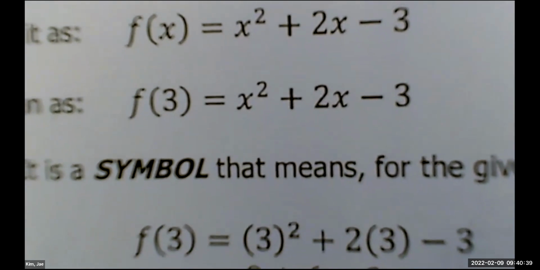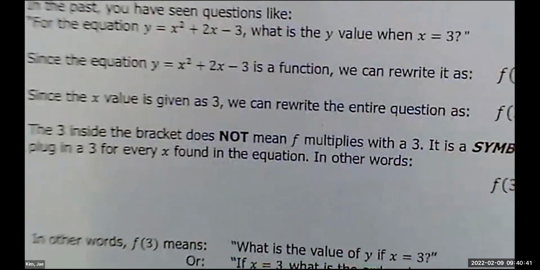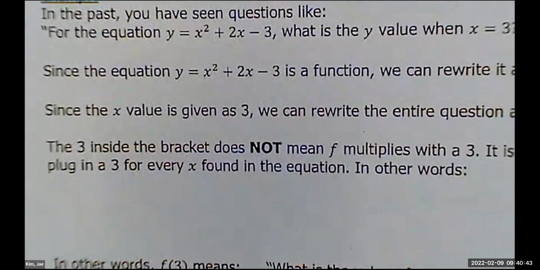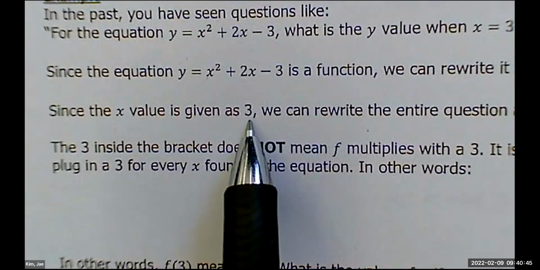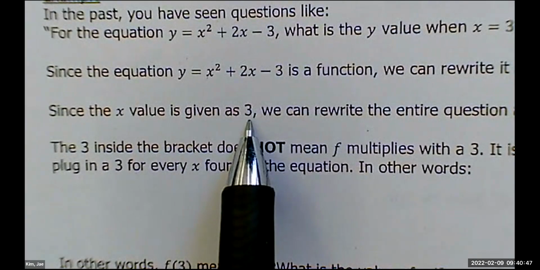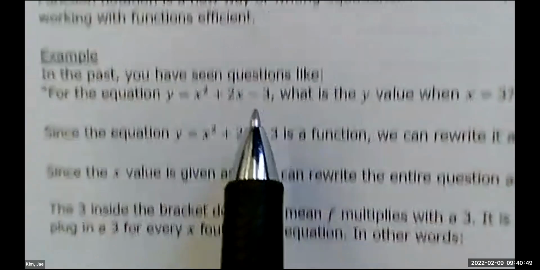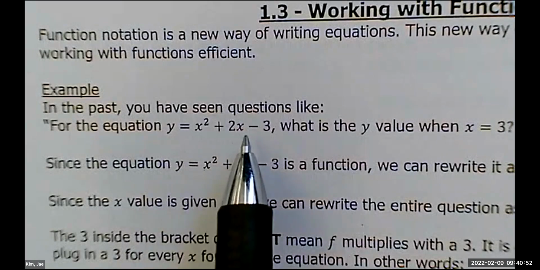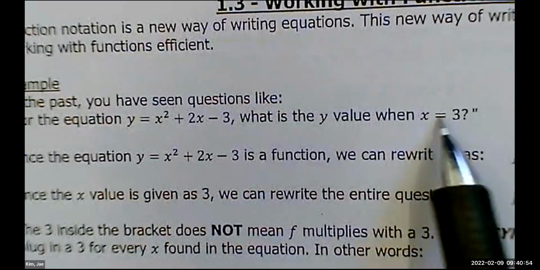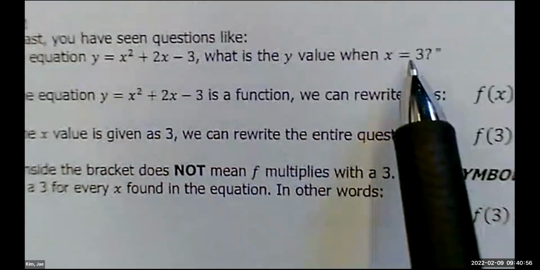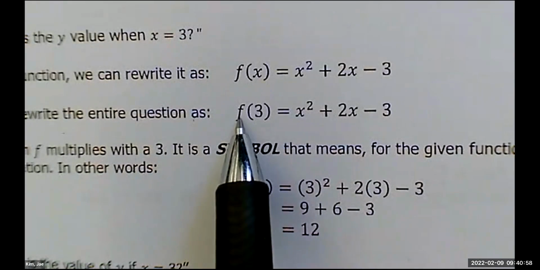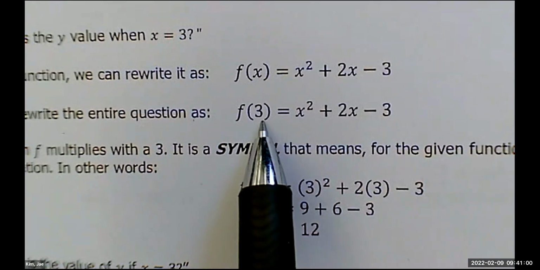Like, for example, let's pretend we wanted to figure out what the y value is when x is 3. Instead of writing y equals x squared plus 2x minus 3 and then x equals 3, we can simply rewrite it as f of 3.